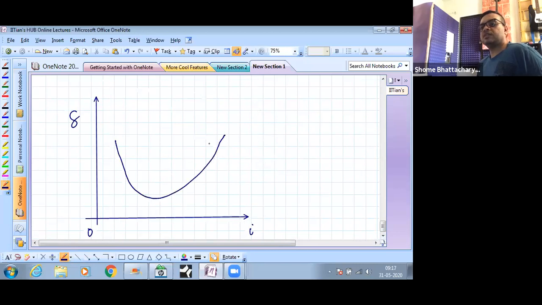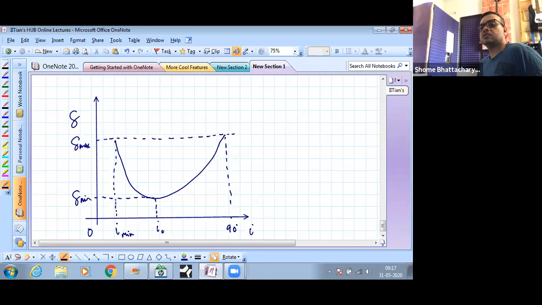So the graph will be generally something like this, where this is 90 degrees, this is whatever that i minimum is, correspondingly this is our maximum deviation, and this is our minimum deviation.